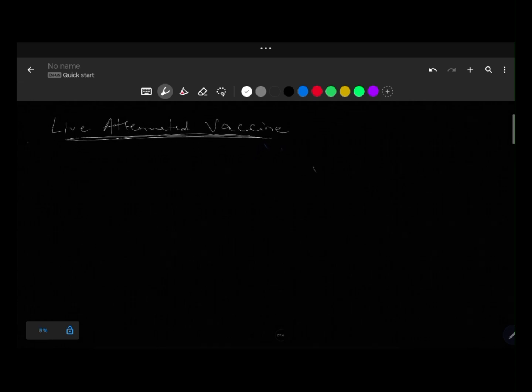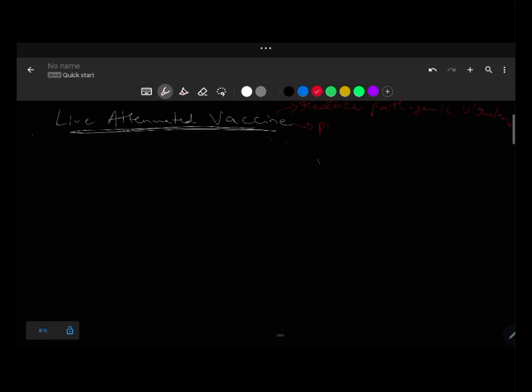The main objective here is to reduce the pathogenic virulence but preserve its antigenicity. While you are reducing the pathogenic virulence, you have to preserve its antigenicity.